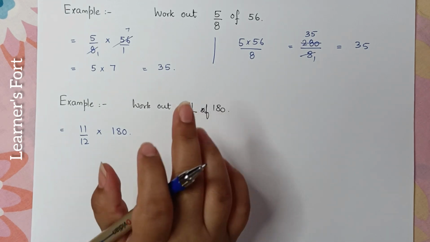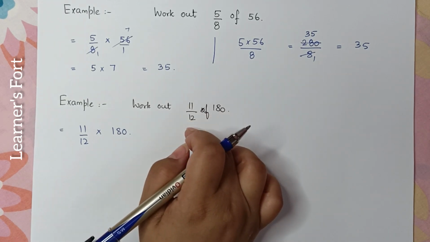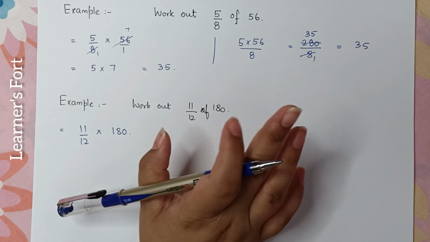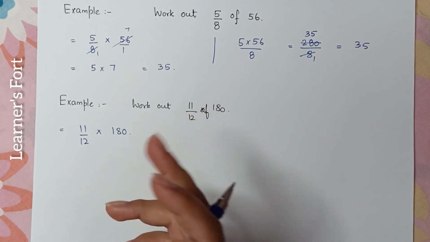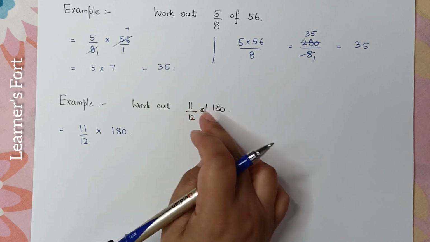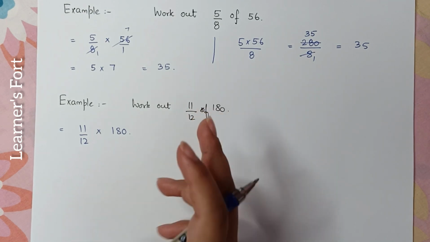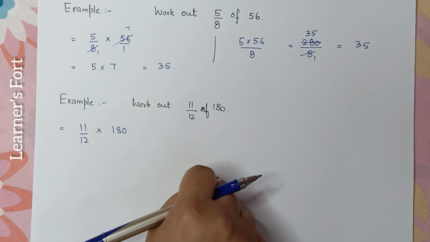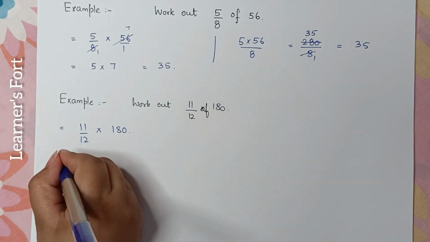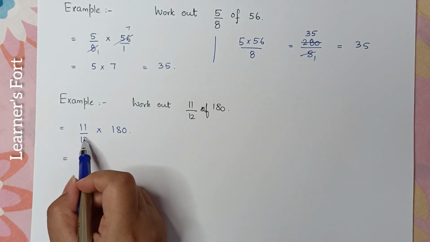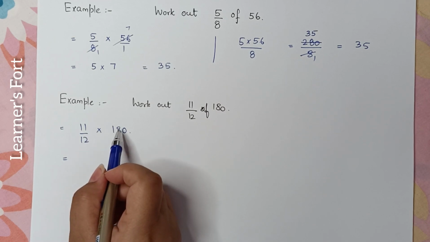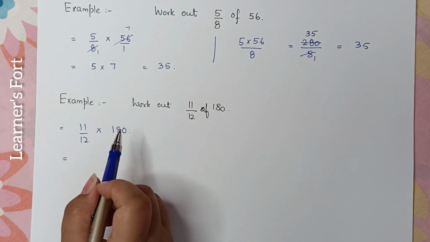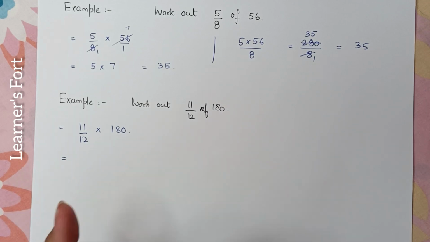So what will be the 11th upon 12th part of 180? That is what we have to work out. When we have the word of, we have a fraction of this part. It means that we have to multiply, right? 11 upon 12 into 180. Here we can see that 12 is in the denominator, which means that it can divide the numerator if the numerator gets divided by it completely, right?